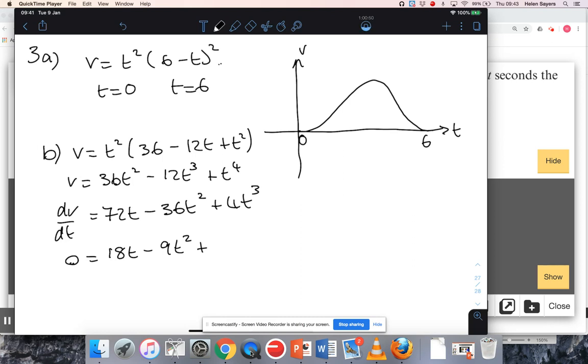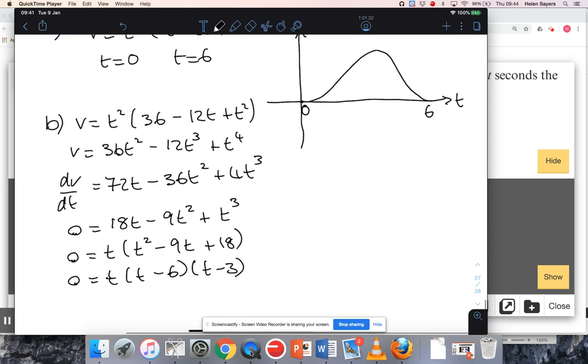I already know where 2 of my stationary points are, so I know I've got a stationary point at 0 and 6. Then if I take out a common factor of t, and I'm also just going to switch the order a little bit, ready to factorise, I can factorise that quadratic. And there are my 3 stationary points.